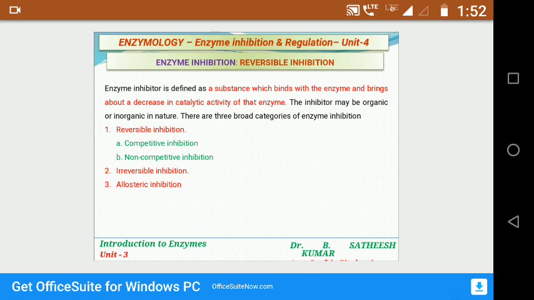Competitive inhibition means the inhibitor binds to the active site and competes with the substrate. Therefore the Km value increases without changing the Vmax value. In non-competitive inhibition, the inhibitor binds other than the active site, therefore Km is unchanged but Vmax will be lowered.